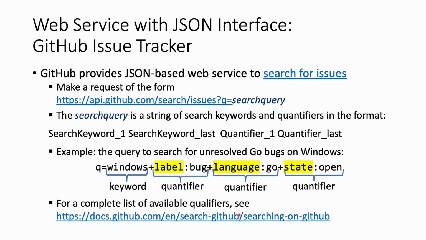You can see the Searching on GitHub page at this link for a complete list of available quantifiers, their format, and an example of how to use them. So this is the link available at the time of the recording of this lecture.